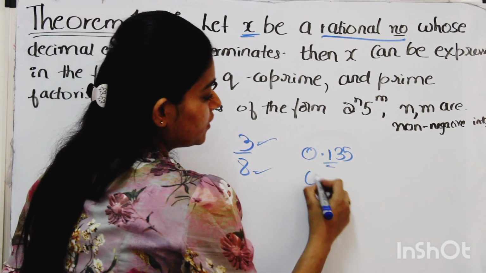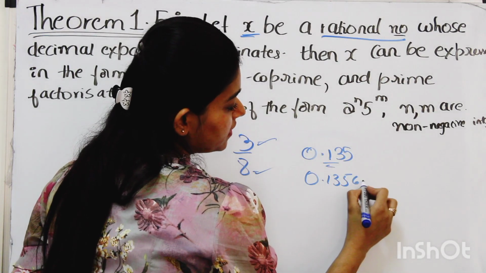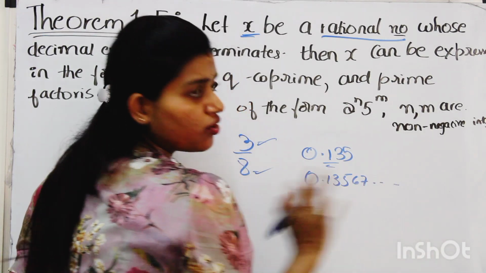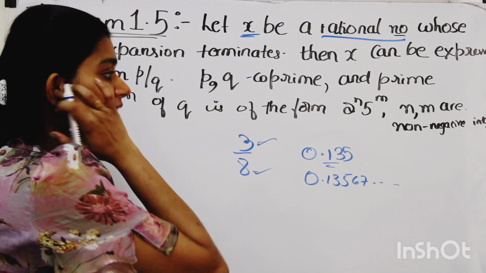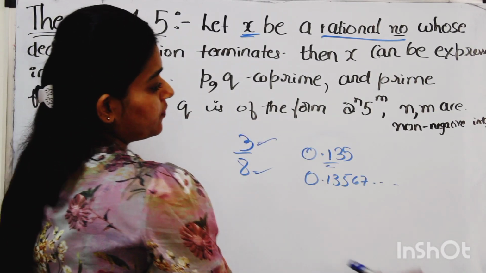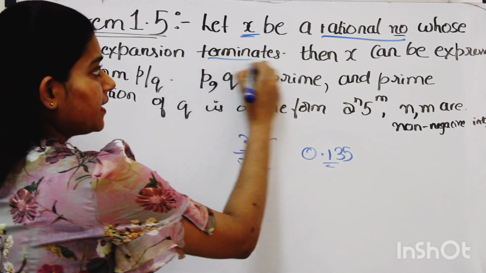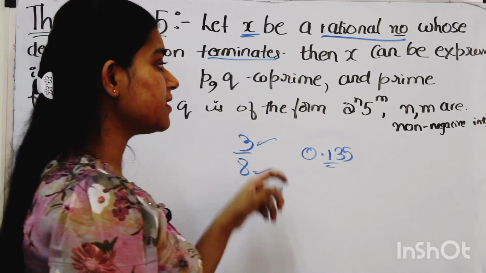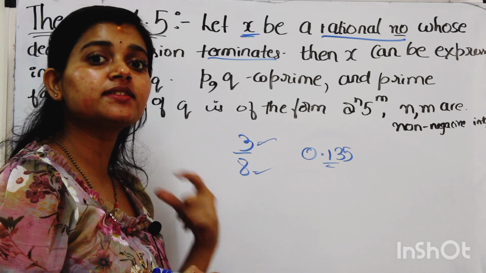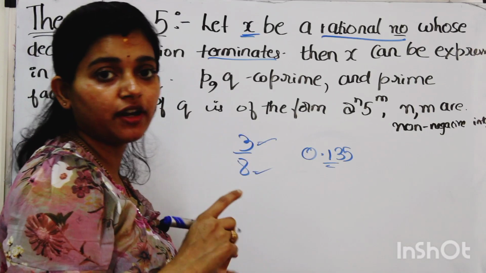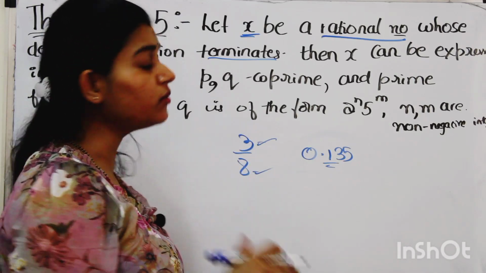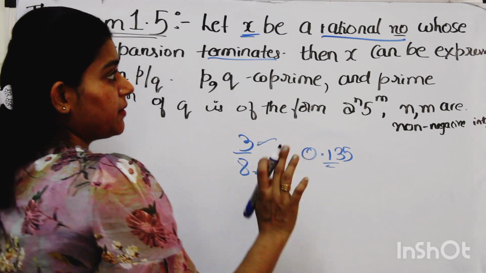Non-terminating means what? 0.13567 goes on. There is no end. So terminate means end. It has an end. So this one is which type of rational number? Terminating rational number. It means when you divide, you get the remainder 0. That is also called terminate.